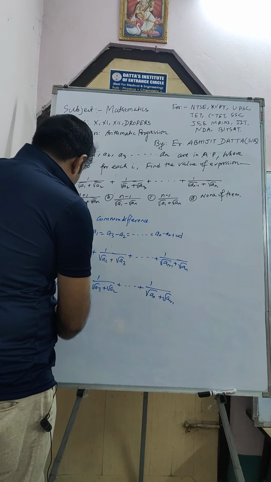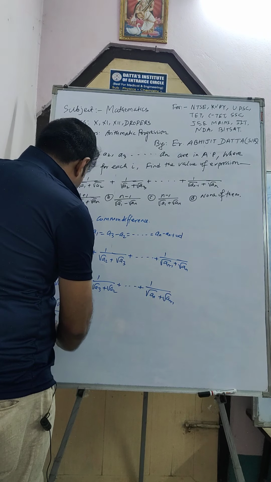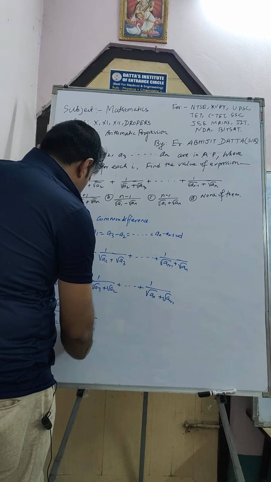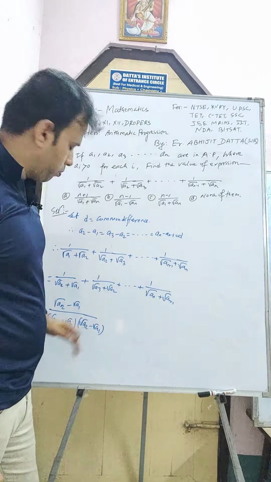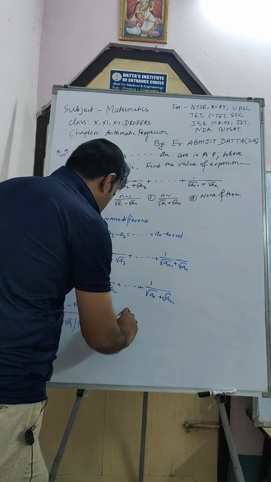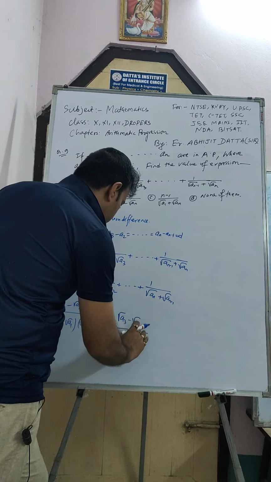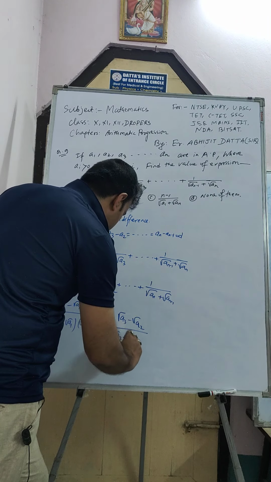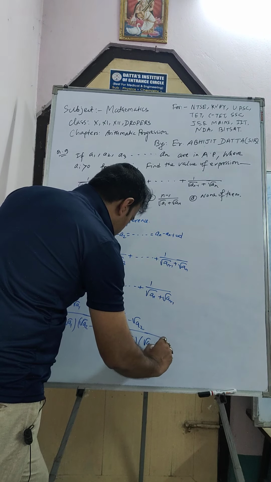It will be a2 minus a1 in the denominator, and here root a2 plus root a1 multiplied by root a2 minus root a1. Opposite sign, multiply both numerator and denominator. Here also a3 minus a2, and root a3 plus root a2 multiplied by root a3 minus root a2.